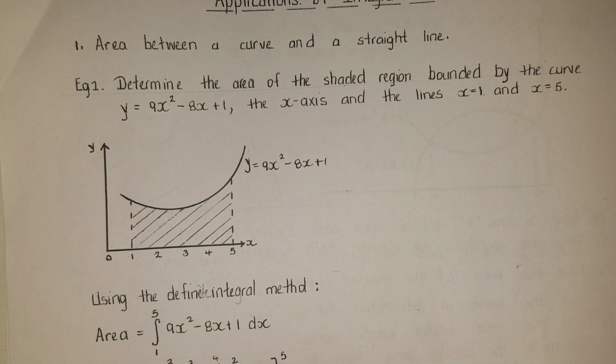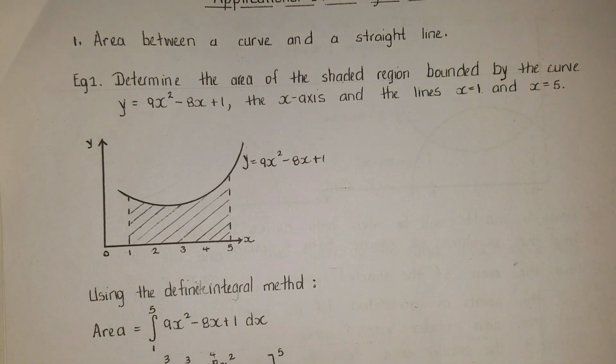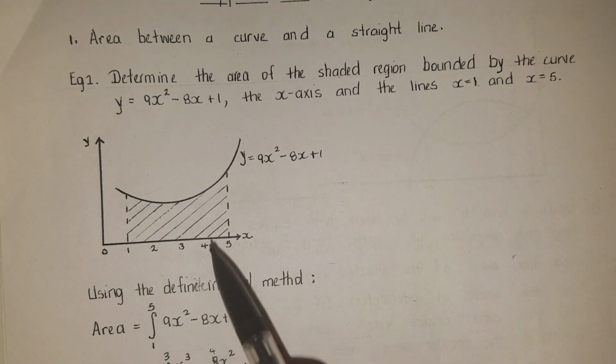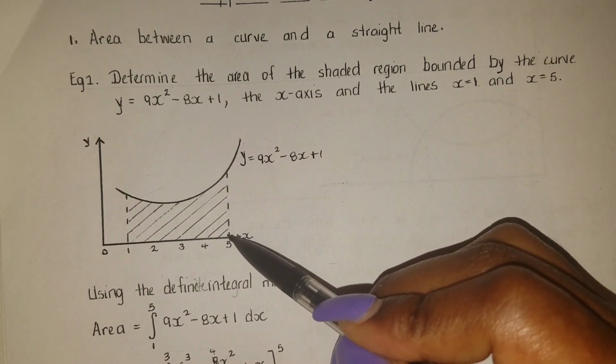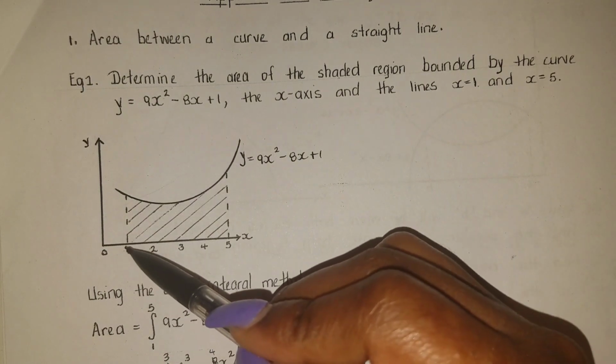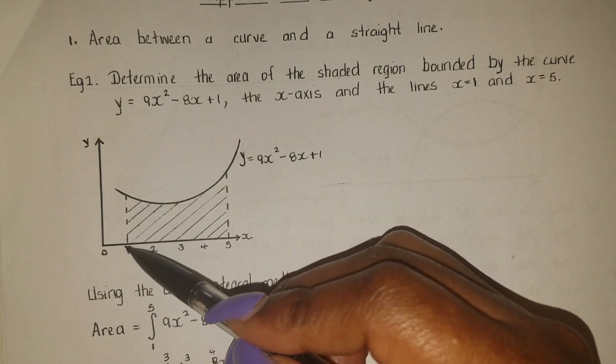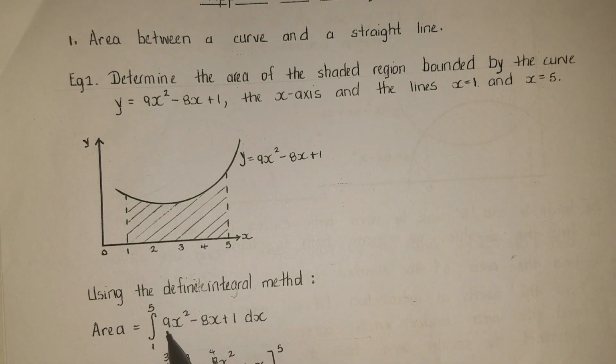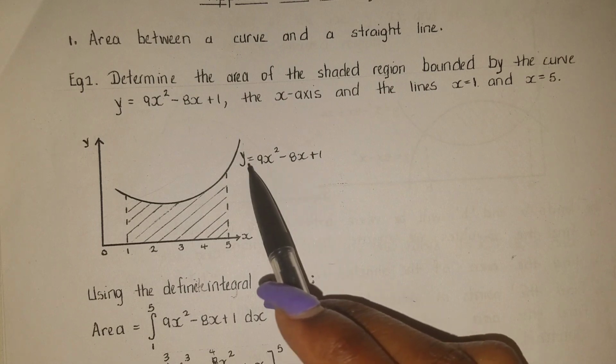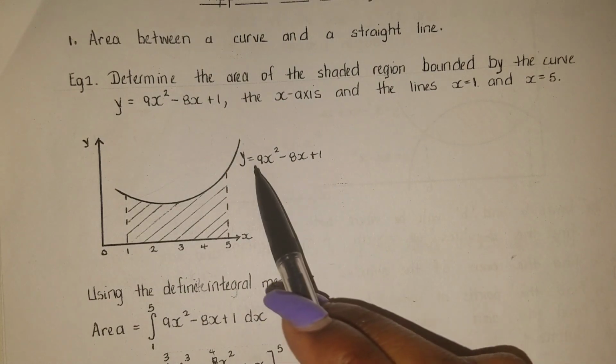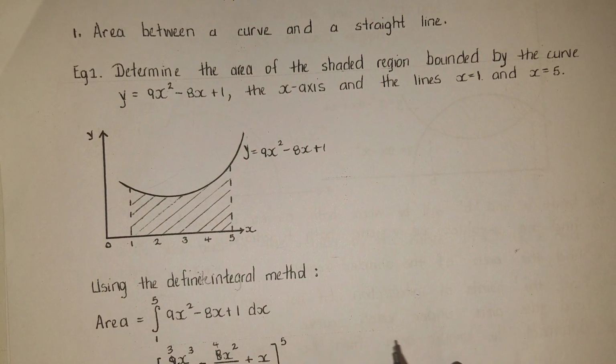Now, with definite integral, we have an upper and a lower limit. The upper limit in this case will be where x is equal to 5, and the lower limit is where x is equal to 1. f of x will simply be the equation of the line or curve, depending.